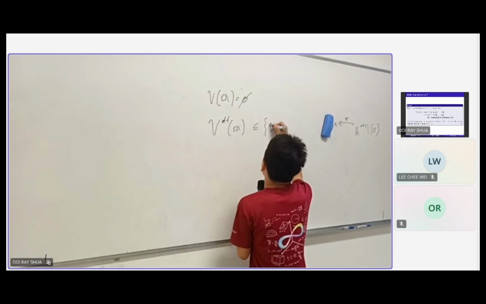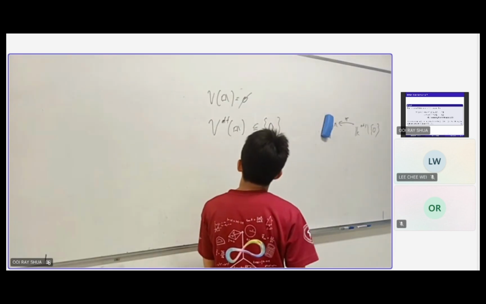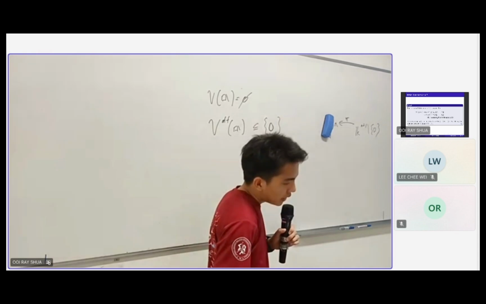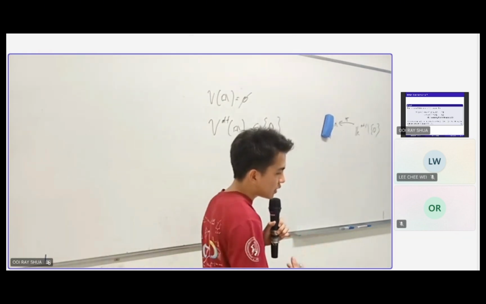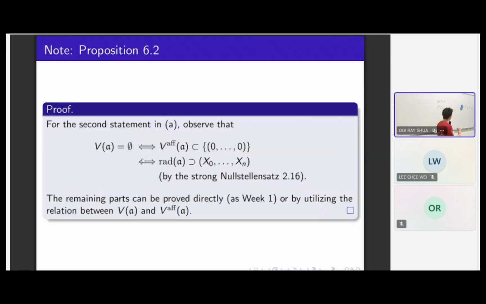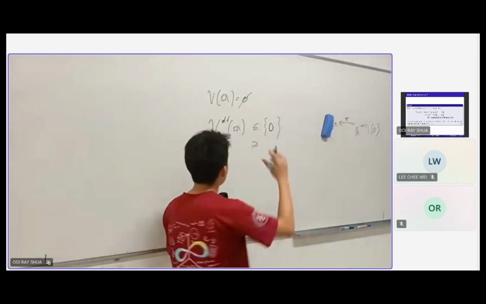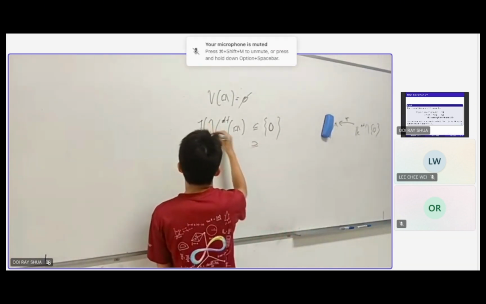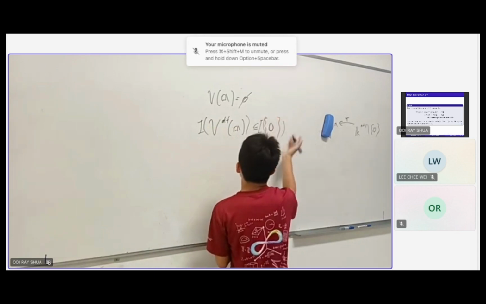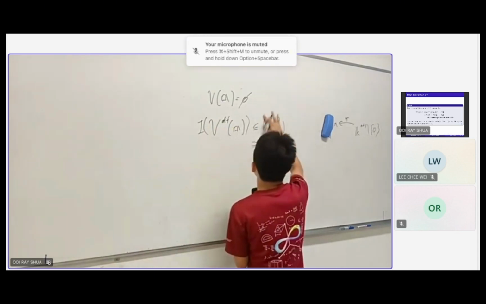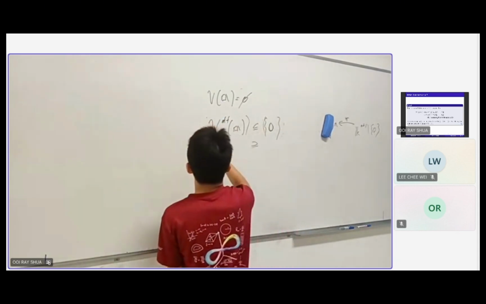So, consistent. And then we just apply the Nullstellensatz from before. Since this is in affine space, the higher dimensional space n plus 1, it's all fine. So we go back in the other direction, applying I on both sides, idealizing it from both sides. Because it's inclusion reversing, we reverse the inclusion.